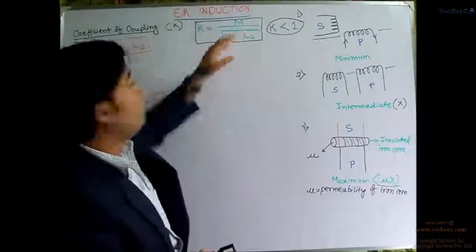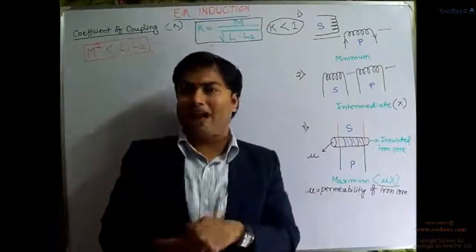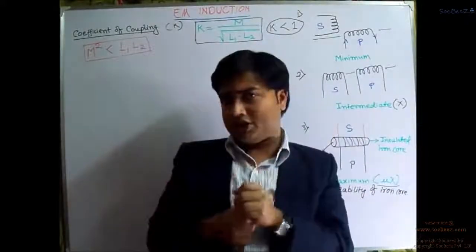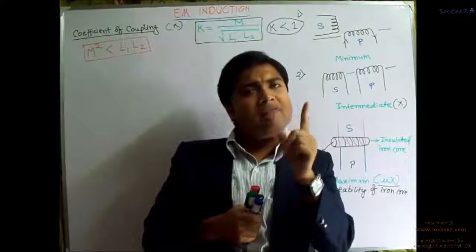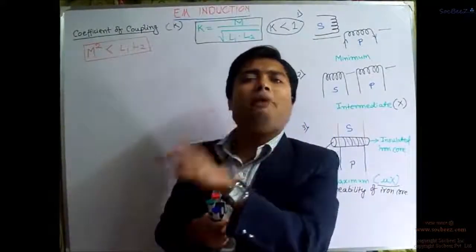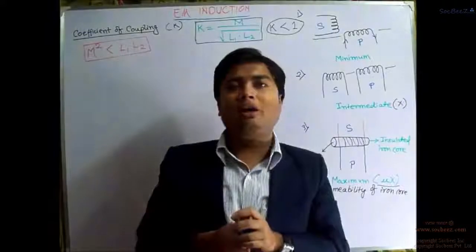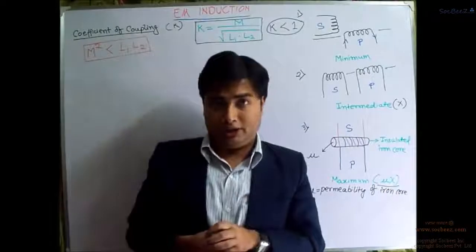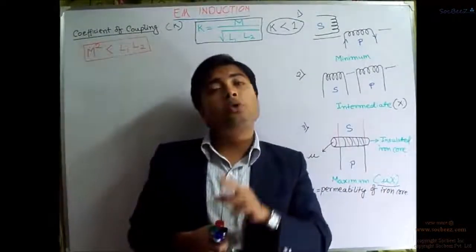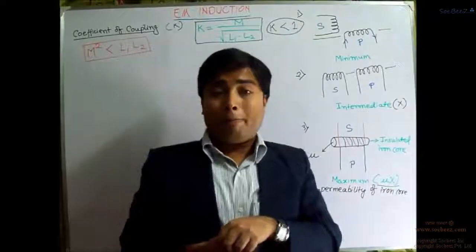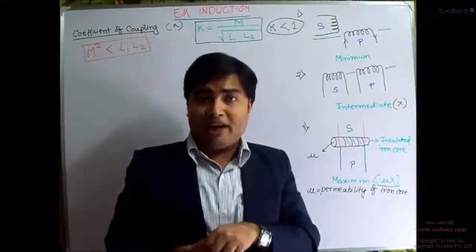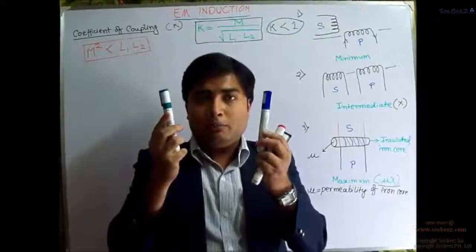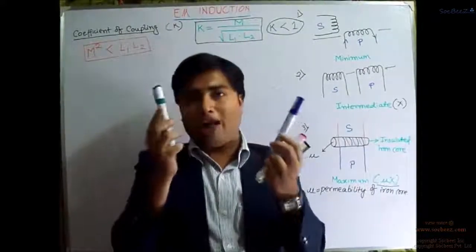Looking at this formula, we can now understand that in self-induction, only the self-induction phenomenon takes place because there is a single coil. But in mutual induction, there will be two kinds of induction. Primarily, the self-induction of the two coils individually, because they are individual coils.